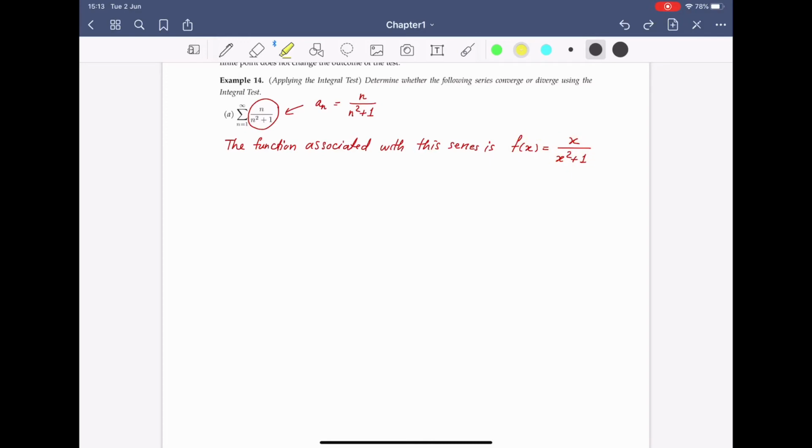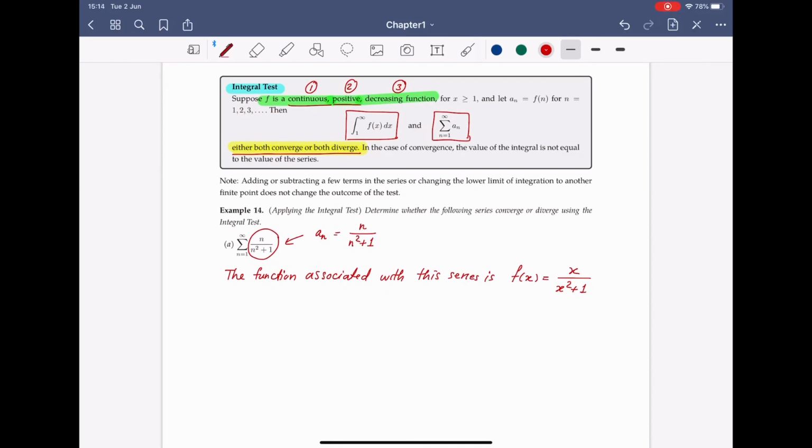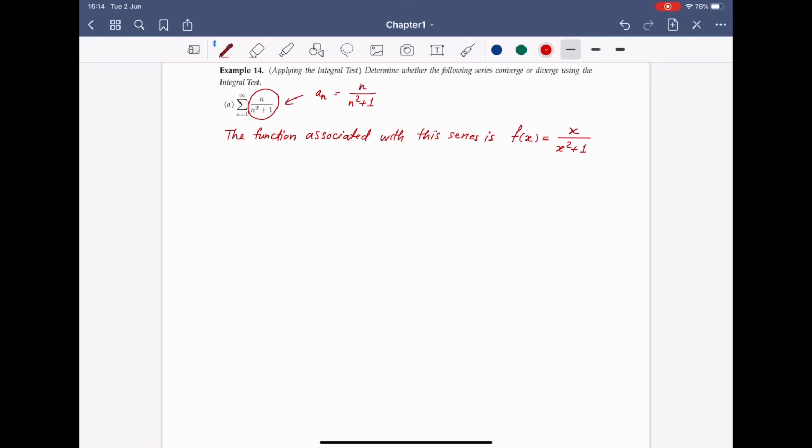Next we are going to check the 3 conditions of the integral test, which are continuous, positive, and decreasing. First, f is continuous and positive on the interval 1 to infinity for sure.